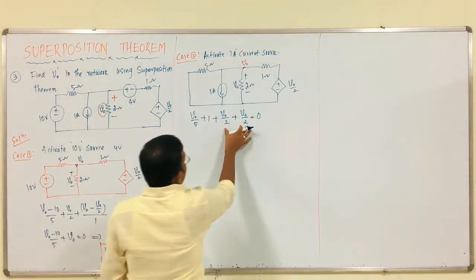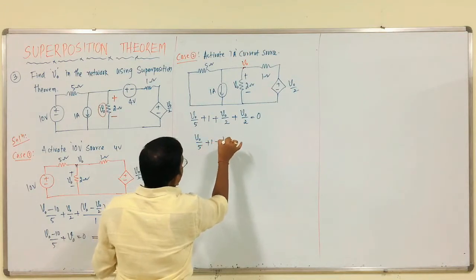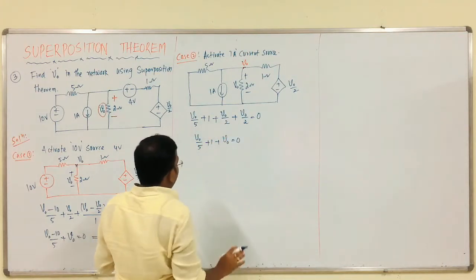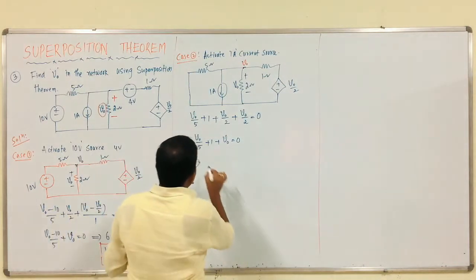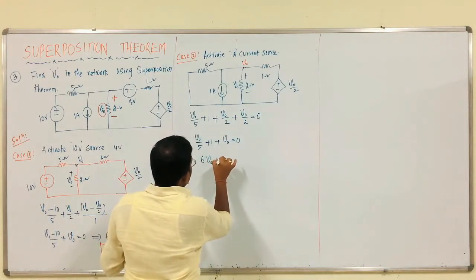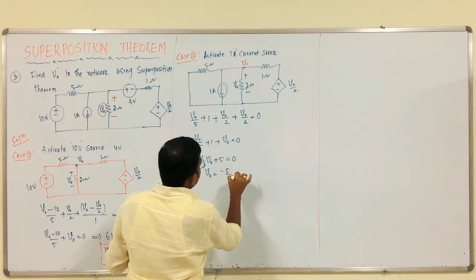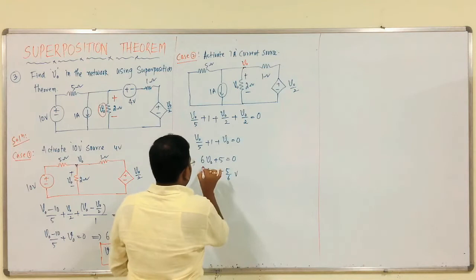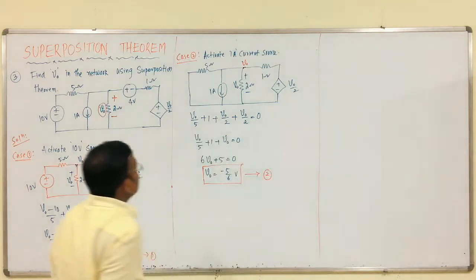So, V naught by 2, V naught by 2, V naught, therefore V naught by 5 plus 1 plus V naught is equal to 0. From this, 6 V naught plus 5 is equal to 0. So, V naught is equal to minus 5 by 6 volts. From this case 2, V naught is equal to minus 5 by 6.